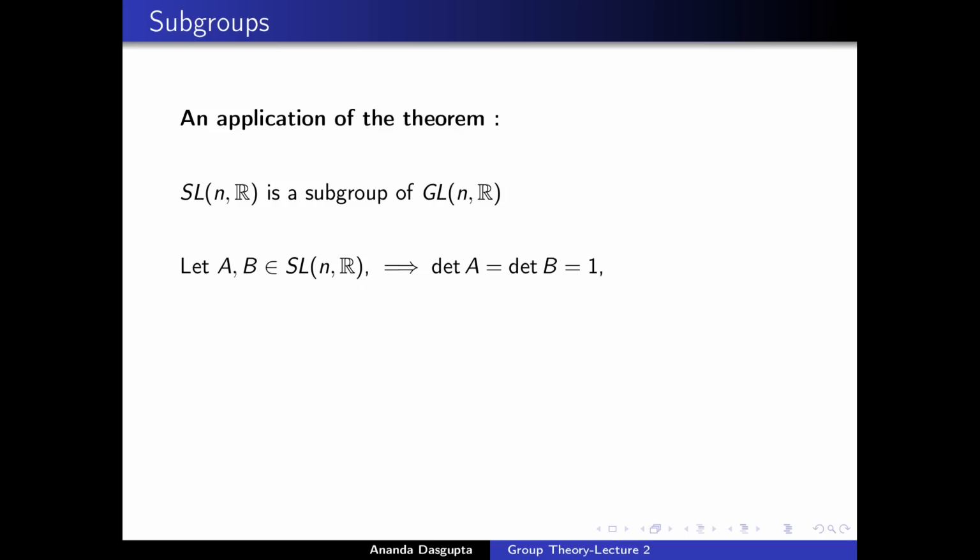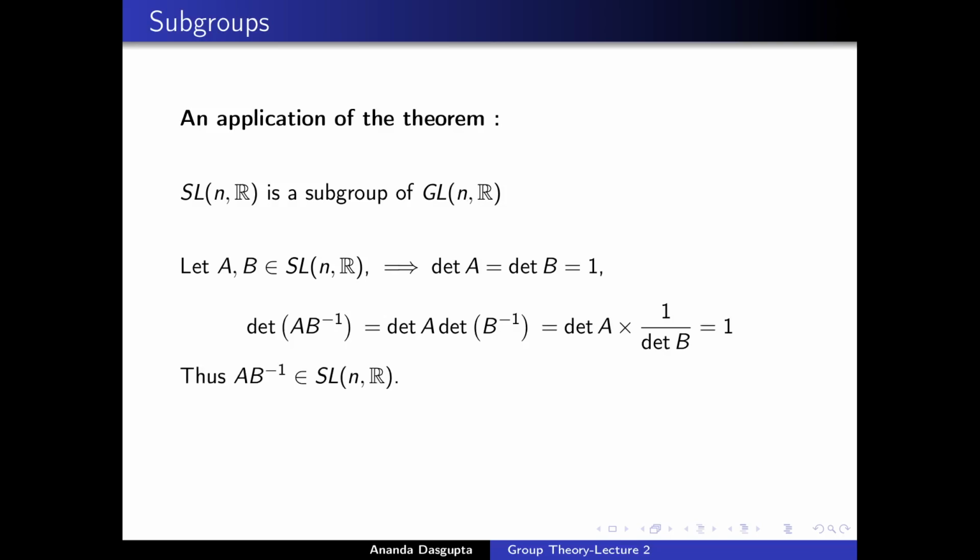So, in order to check this, what we need to know is, of course, the fact that both A and B have determinant 1, and as a result, the determinant of AB inverse, the matrix we are looking for, is det A times det of B inverse, which is det A times 1 by det B, and that's, of course, 1 times 1 by 1, and so it's 1.